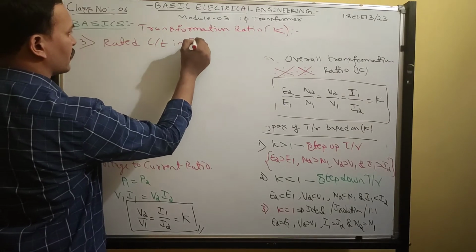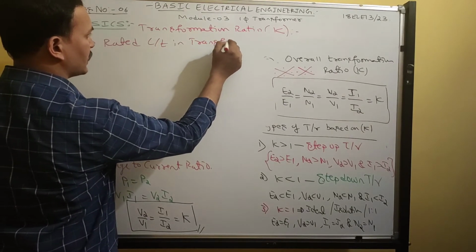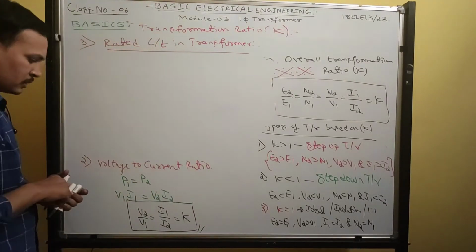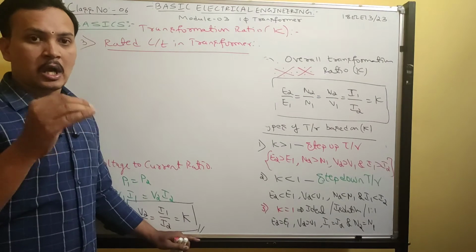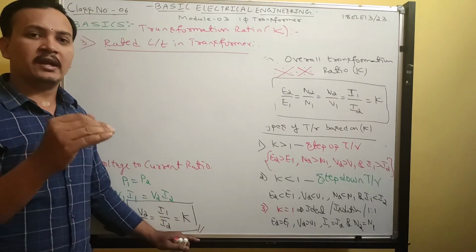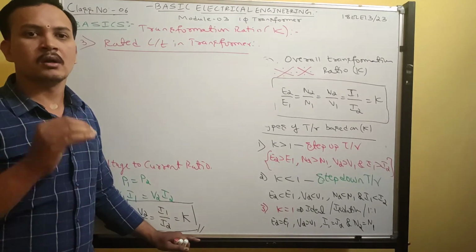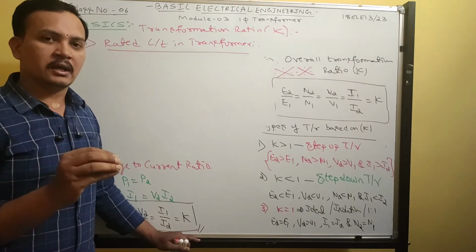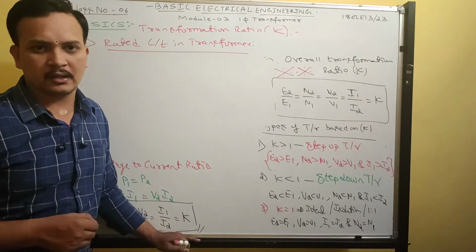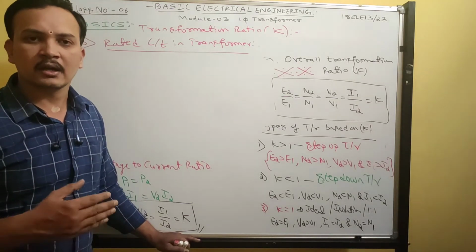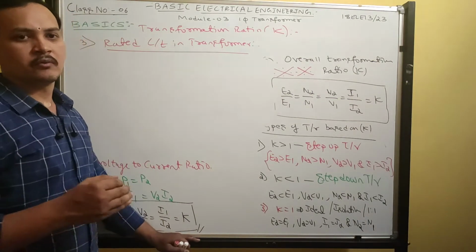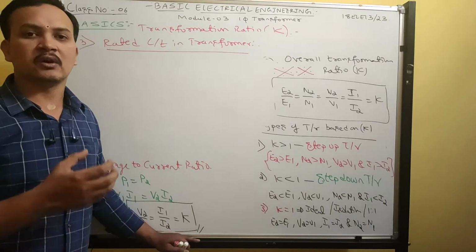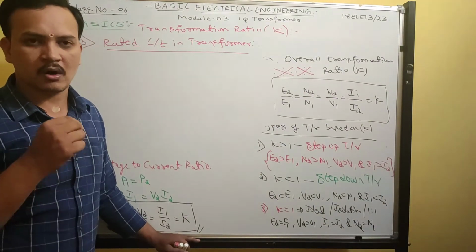The rated current of a transformer is nothing but the maximum allowable current that the winding can withstand. If the winding crosses beyond the rated current, then the transformer winding will get damaged. Rated means we should not go beyond that current. That is called rated current.